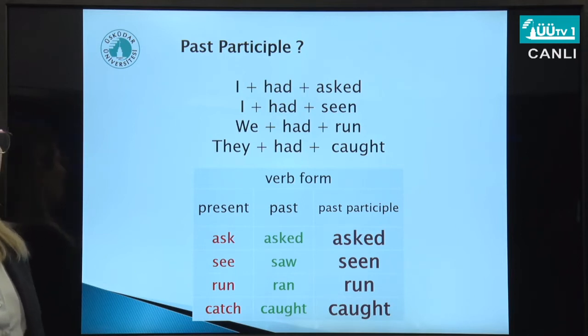The second column, which in your book is called verb 2, has asked, saw, ran, and caught. But the last part, called verb 3 in your book, which we call past participle, is asked, seen, run, and caught. Keep it in your mind. They are different. The column titled past is different from past participle.